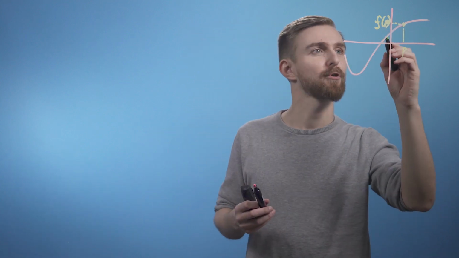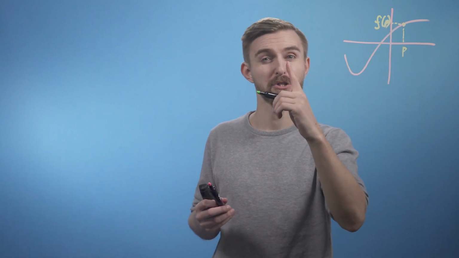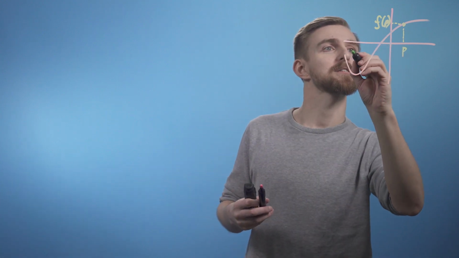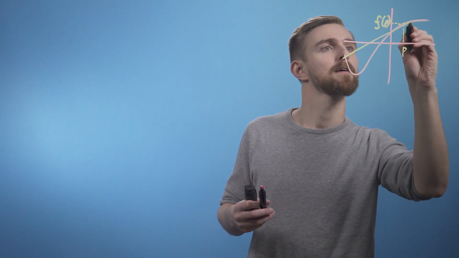And if we're looking at the point P here, this is of course at f of p height. So its coordinates are p, f of p. And we want to build an approximation function that is first order. So it's got a y-axis intercept and it's got a gradient. And it's going to look something like this. Okay, the same gradient and the same height of the function at that point.